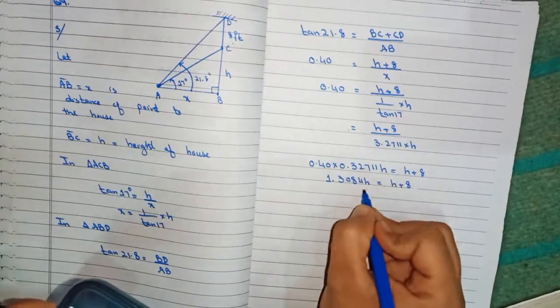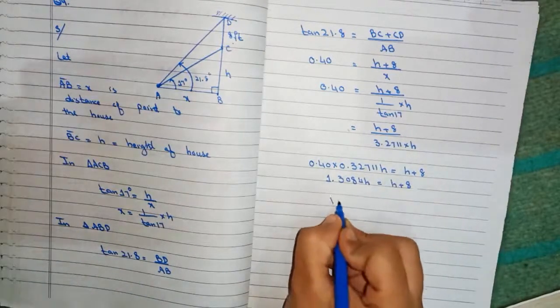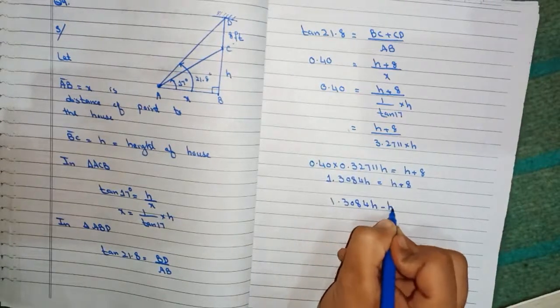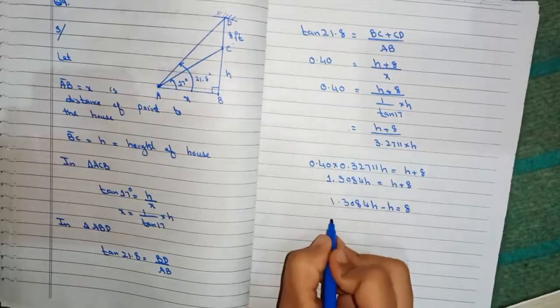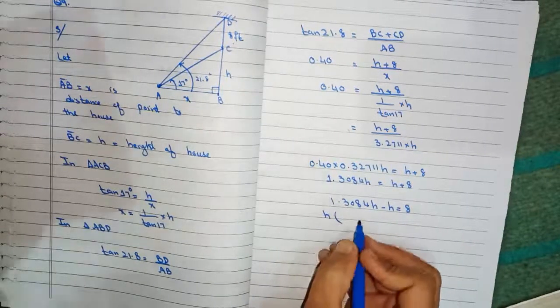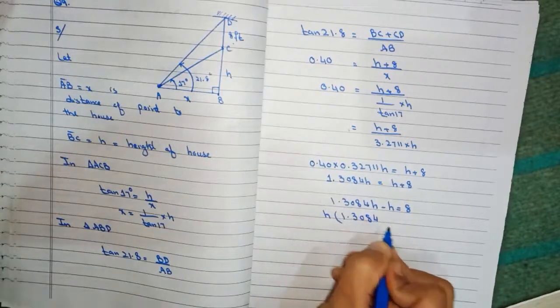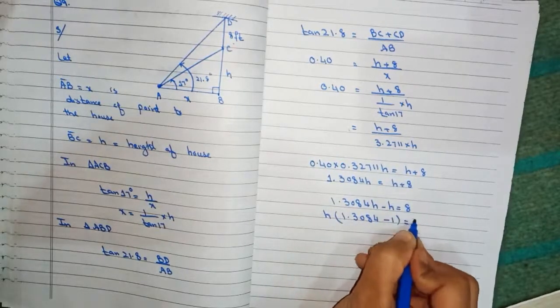This h will subtract on the left-hand side. 1.3084h minus h equals 8. Taking h common here, inside the bracket we have 1.3084 minus 1, equals 8.